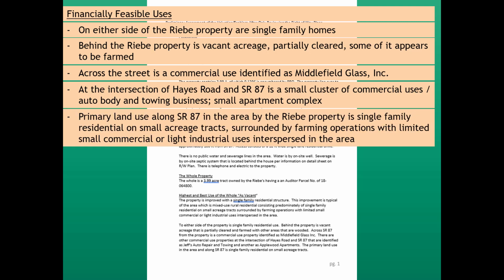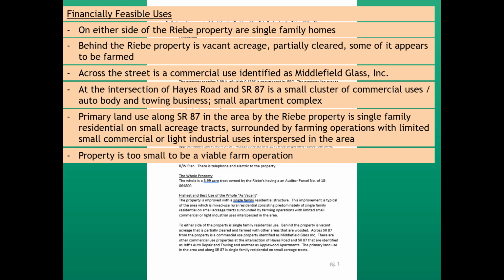The primary land uses along State Route 87 in the area of the Ryby property is primarily single-family residential and small acreage tracts, surrounded by farming operations with a limited number of small commercial and light industrial uses that are interspersed throughout the area.